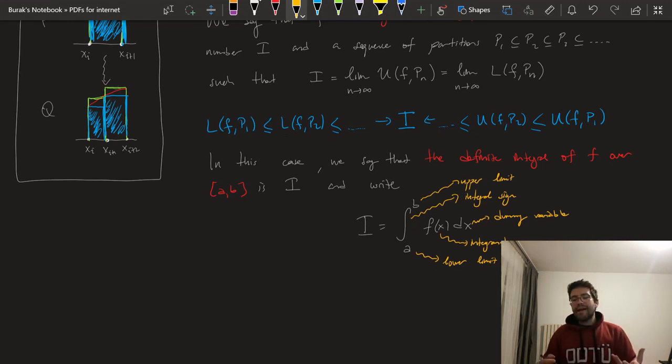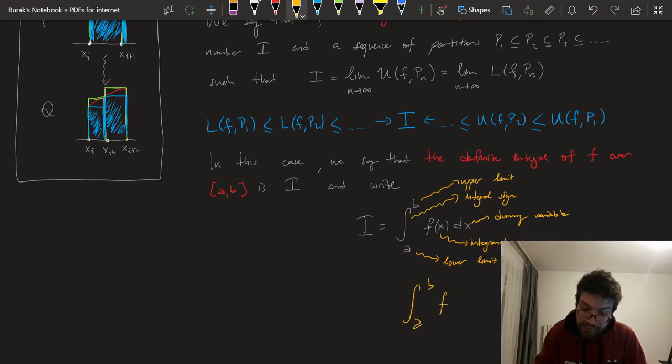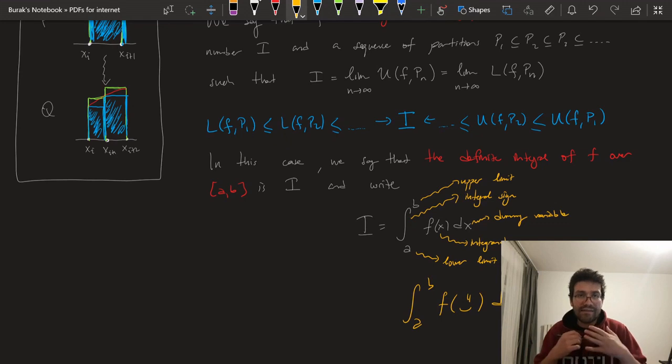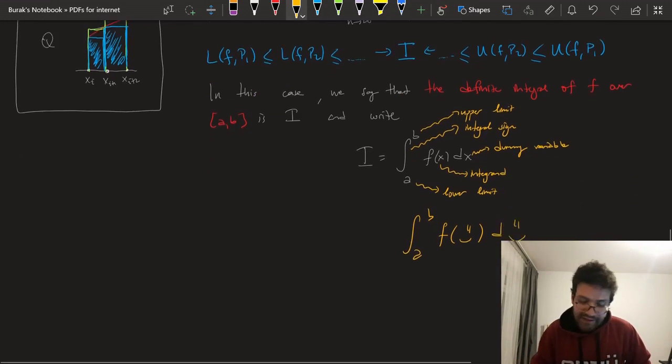Dummy variable means that you can actually replace that x with anything else. Like, for example, if you want to use a smiley as a variable, you can just integrate f of smiley with respect to smiley. The x over there has no role whatsoever, so it's a dummy variable.